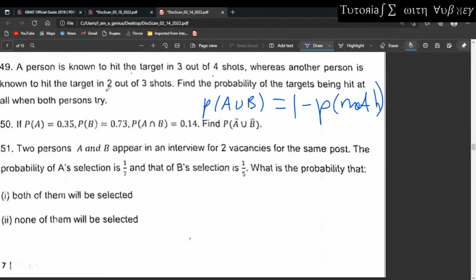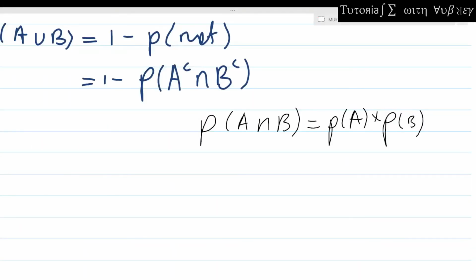If person B hits the target, it will not affect the target being hit by person A. So this question is an independent type of question. And remember, when you're dealing with independent questions, probability of A intersection B equals probability of A times probability of B.